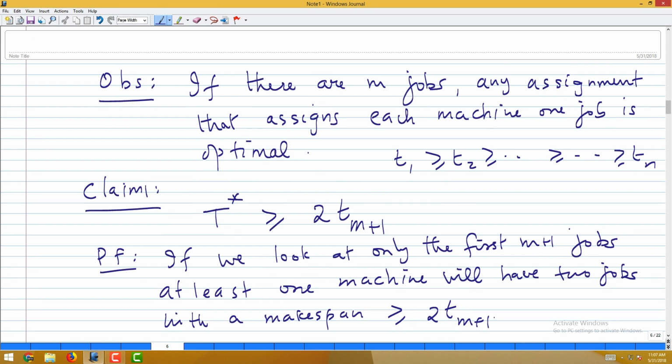In any optimum assignment, at least one machine will have 2 jobs, and if you add the costs, because T m plus 1 is the least, their cost would be at least 2 times T m plus 1. Now, this is all I need, and now more or less the proof is done.